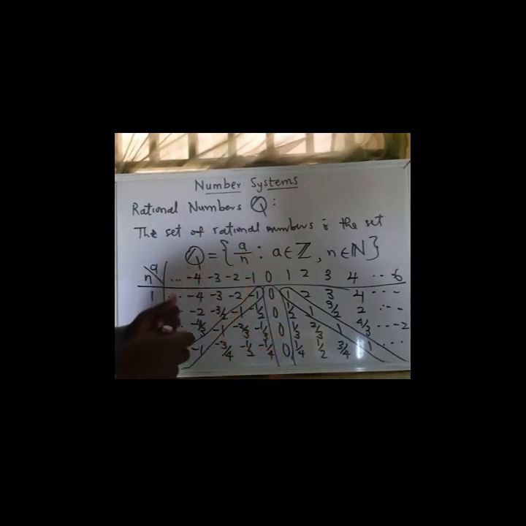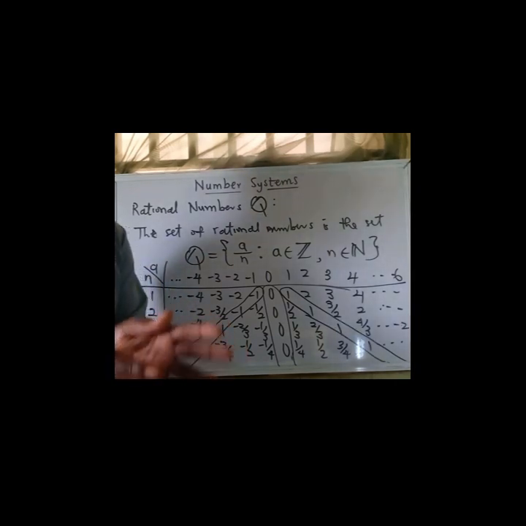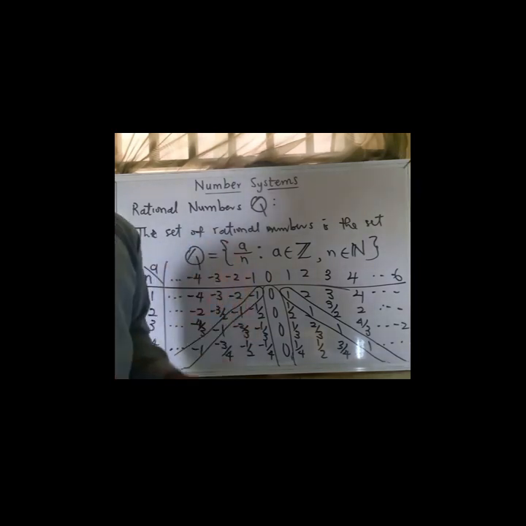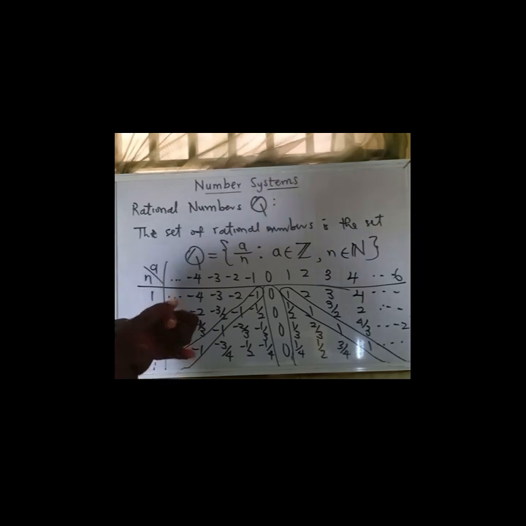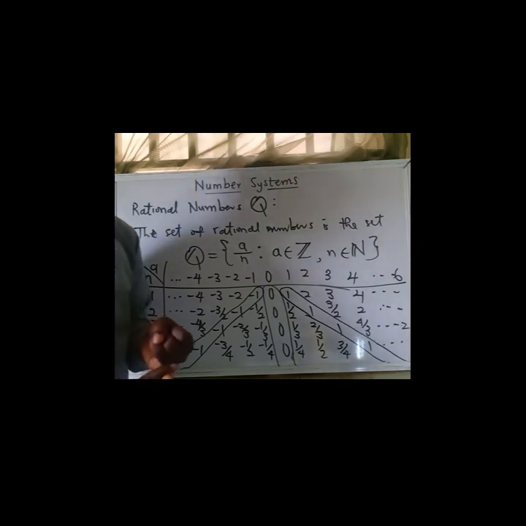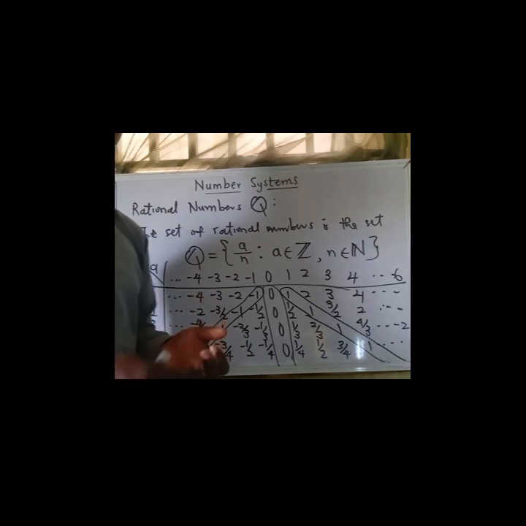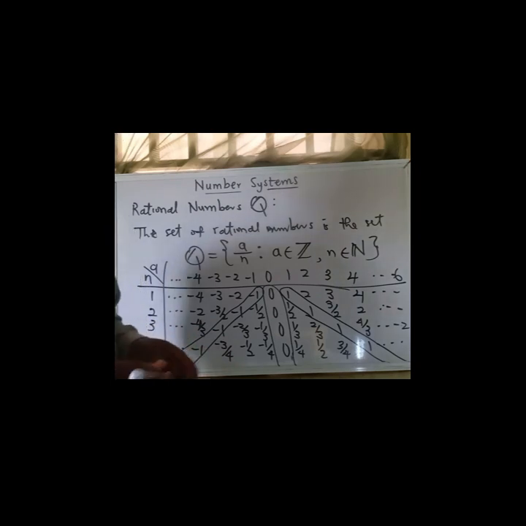But the non-integer numbers have been divided into three by mathematicians. Number one is the numbers with a finite binary, which are numbers whose denominators are usually a power of two. For example, 1 over 2 is a finite binary.